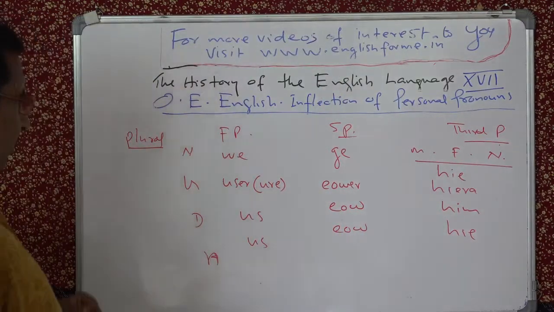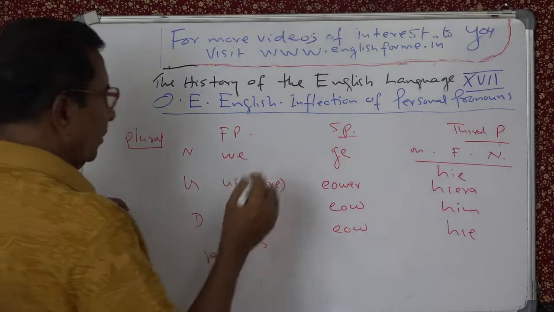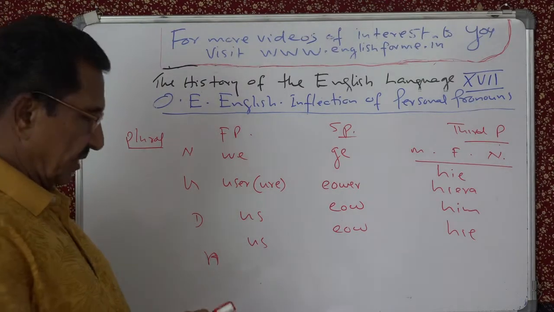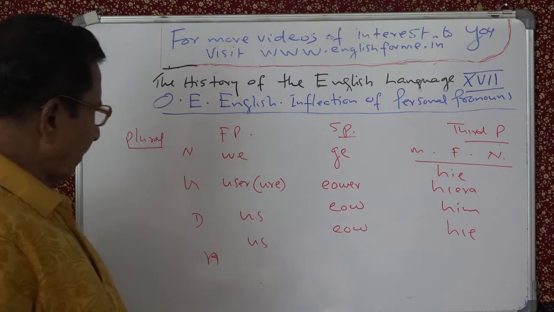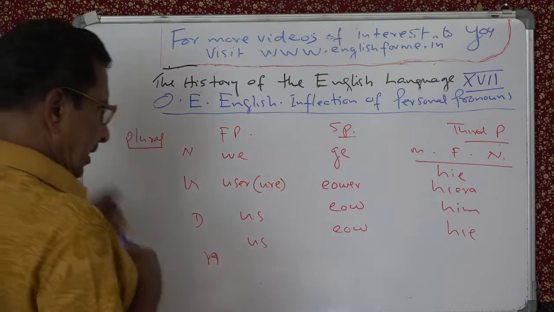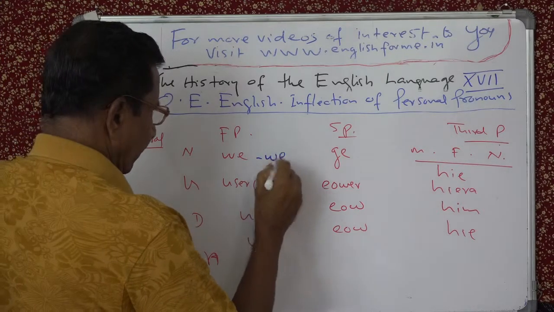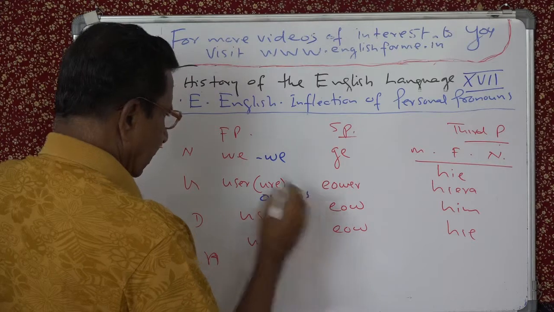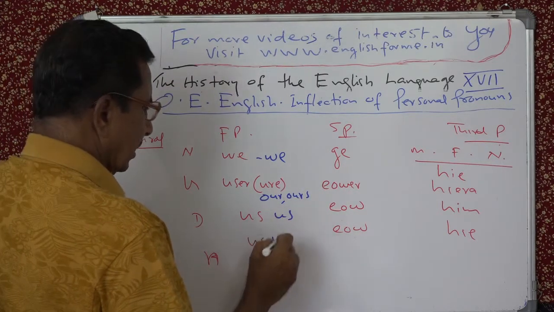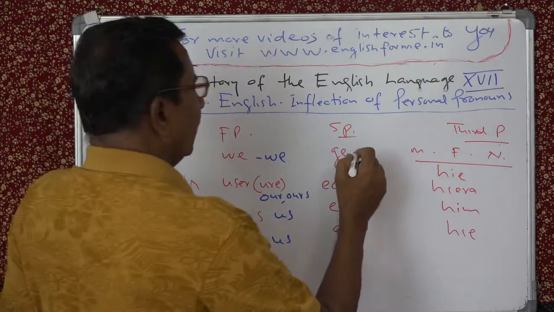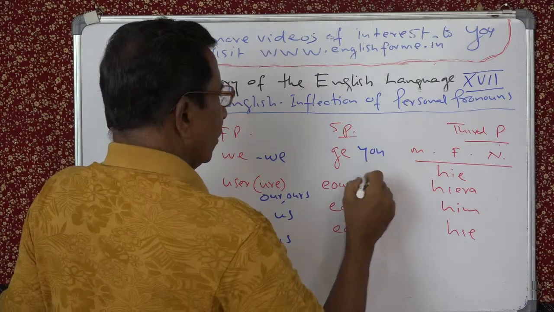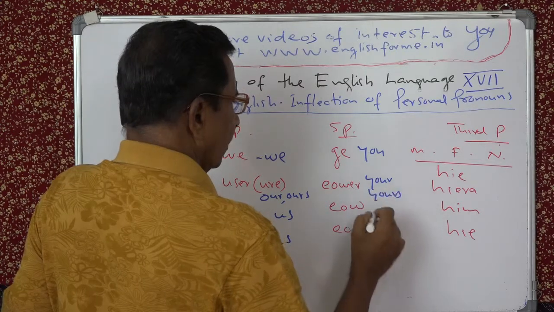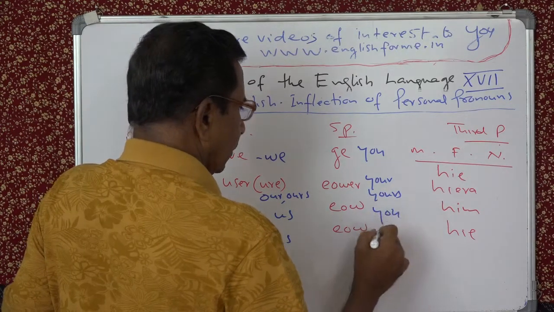So in modern English we have plural. I will write it, the different things, so that it becomes easy for you to understand. Modern English we have we. This is the same we. Here you have got our, ours, genitive, same us. And here you have modern English plural you, your, yours, and you and you.